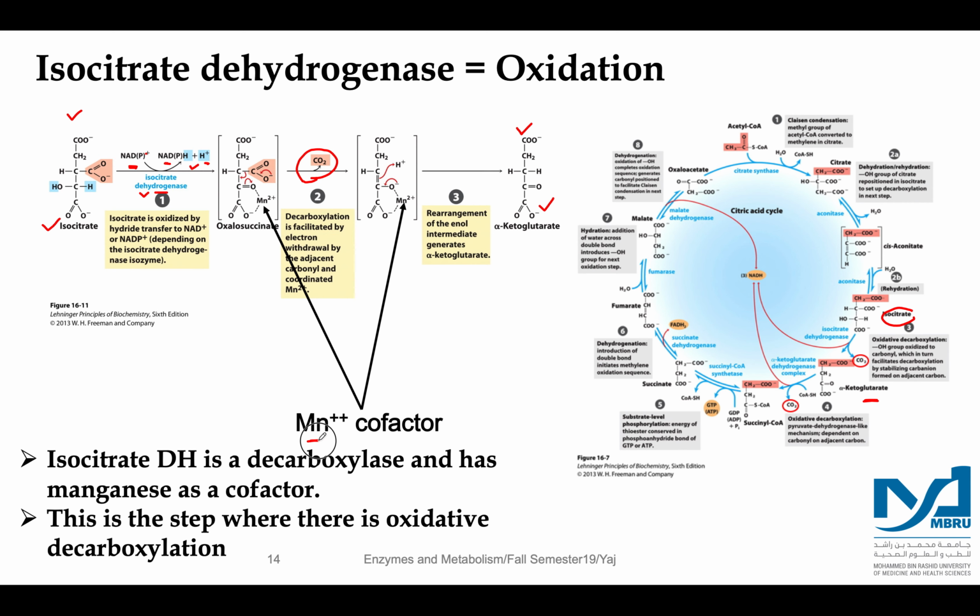This you should note down in your notebook and keep a note of it, because if a drug or a toxin specifically removes manganese from the cell, it will impair the activity of the enzyme isocitrate dehydrogenase.